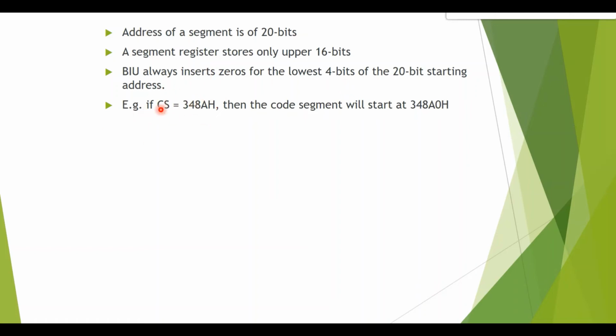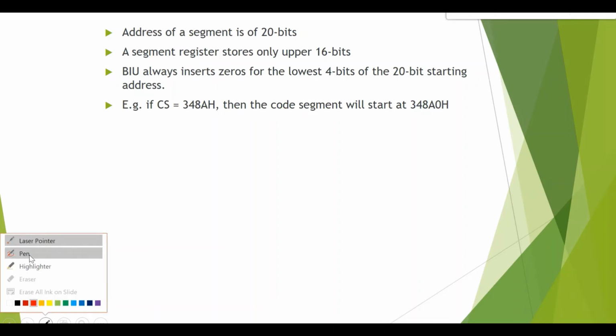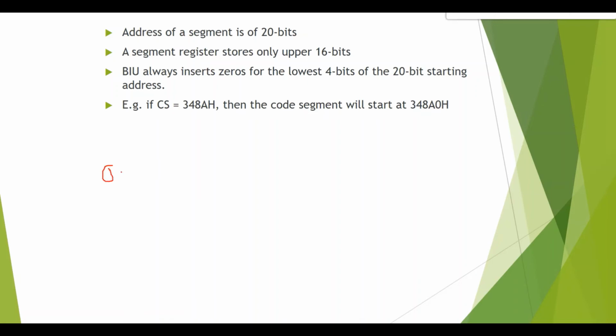Suppose we have the code segment register that holds 348A. For the 3 we write 0011, then the 4 is 0100, then for the 8 it is 1000, then for the A we have 1010.